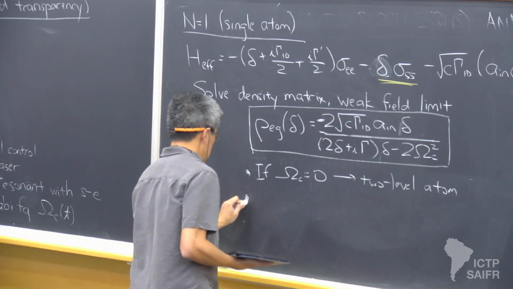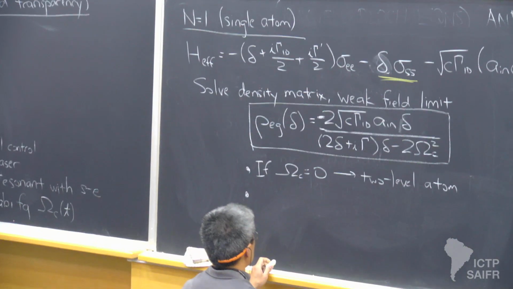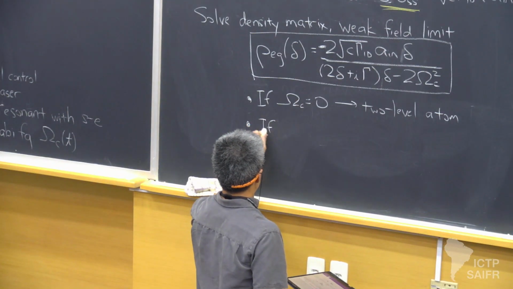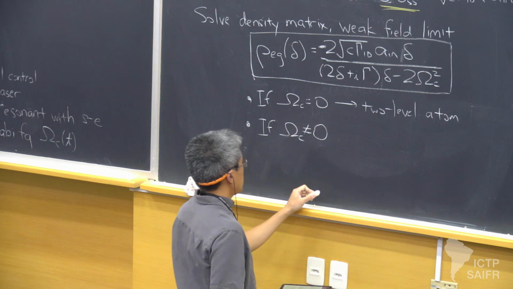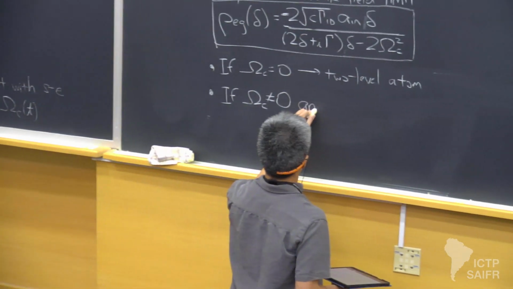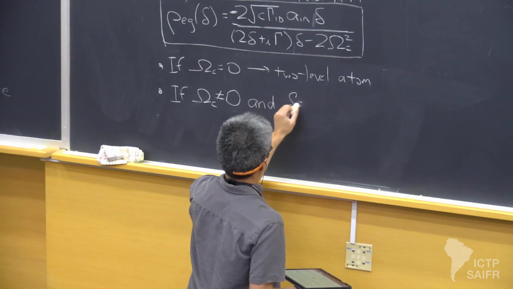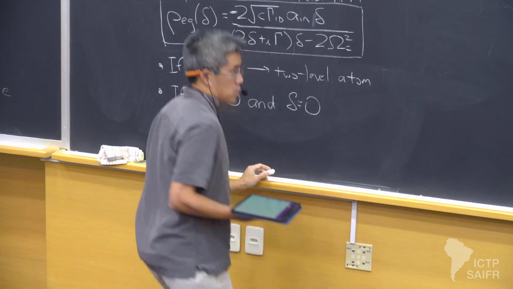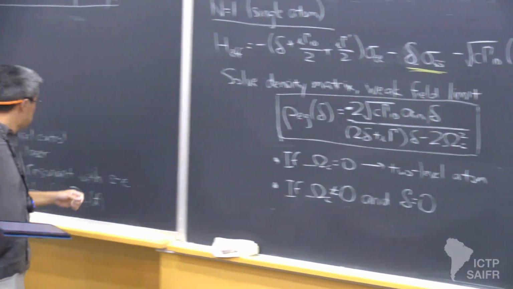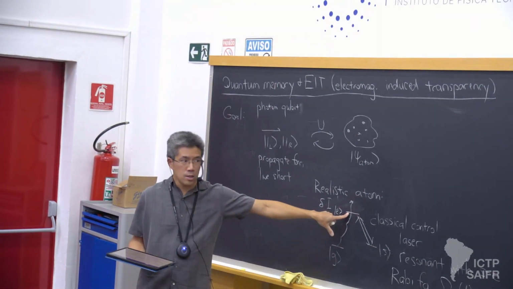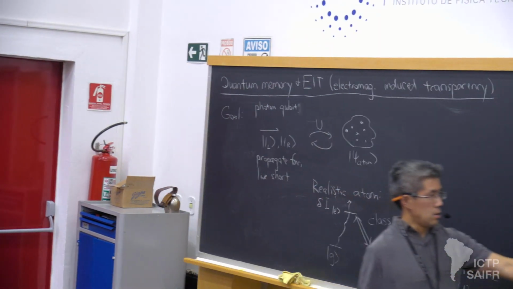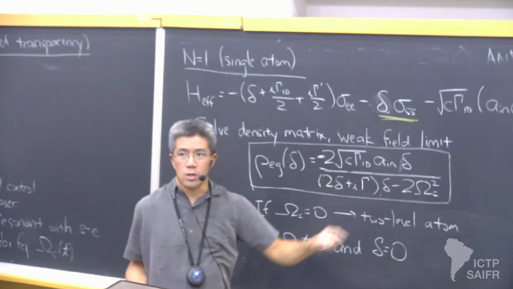The more interesting case, though, is if my control field is turned on, and I'm at zero detuning. So I shine in a laser exactly on this G to E resonance. You notice that there's this factor of detuning up in the numerator.